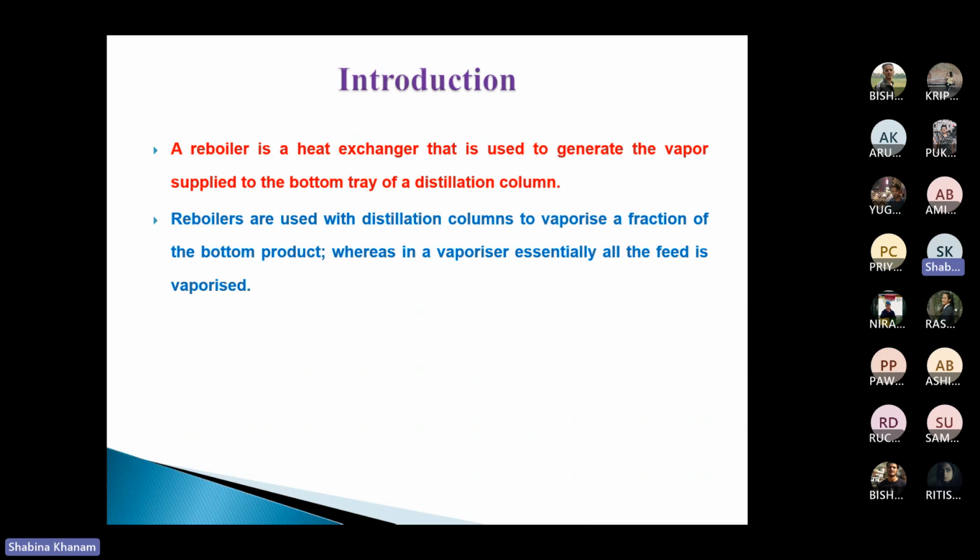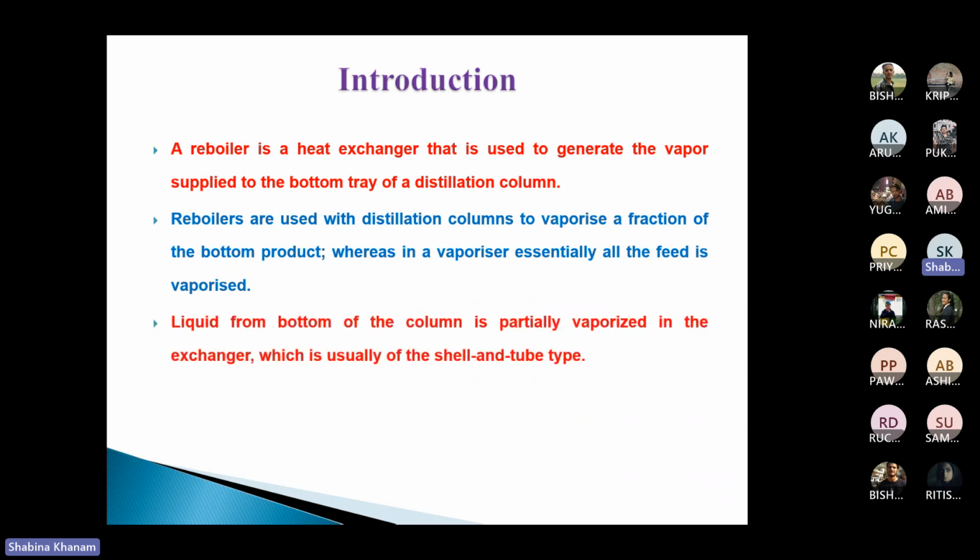In a reboiler, liquid enters, a part of it is converted into vapor, and the liquid-vapor mixture together enters the distillation column. Like this, the loop is maintained. I hope you understand the difference between reboiler and vaporizer. Because both generate vapor, only the duty will be different. Otherwise, the design procedure is the same for both.